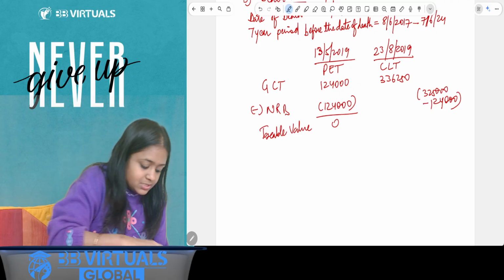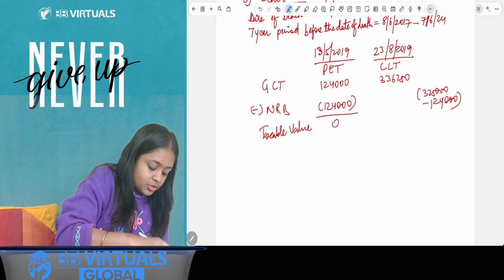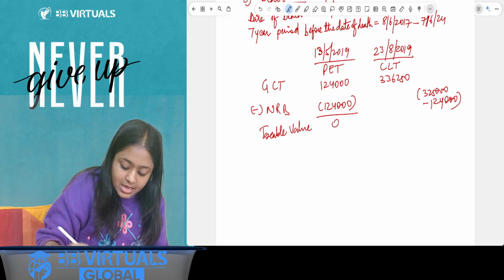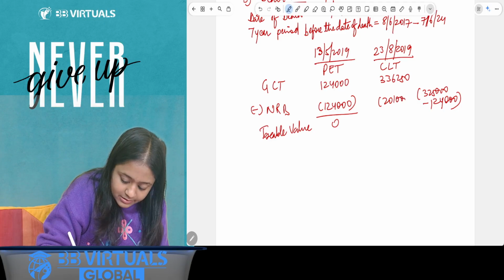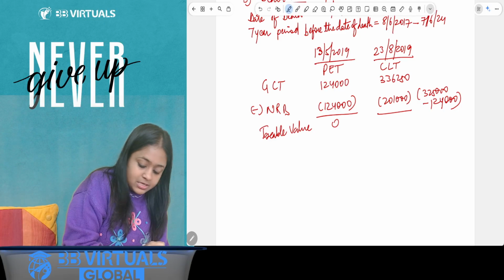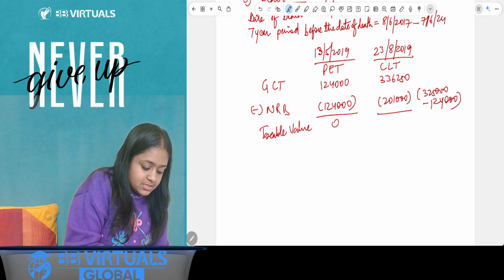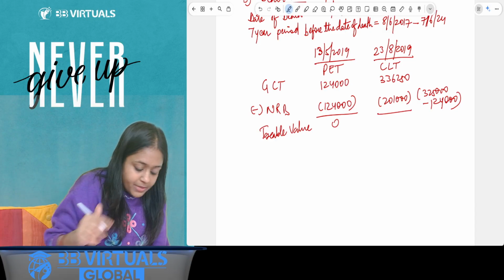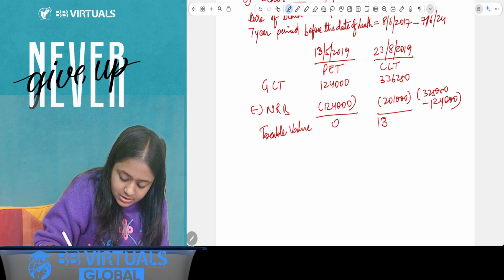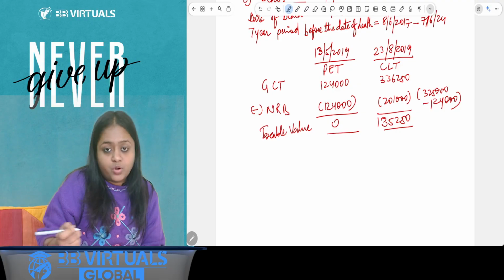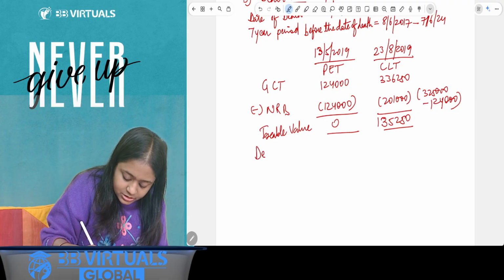Now when I reduce it, I get 3,25,000 less 1,24,000. I get here 2,01,000. When I reduce it, now what is the taxable value that I am getting? 336,250 less 201,000. I get here 135,250 taxable value.